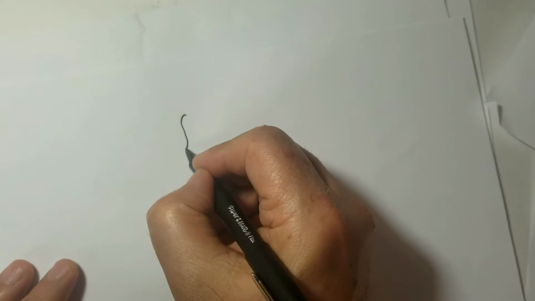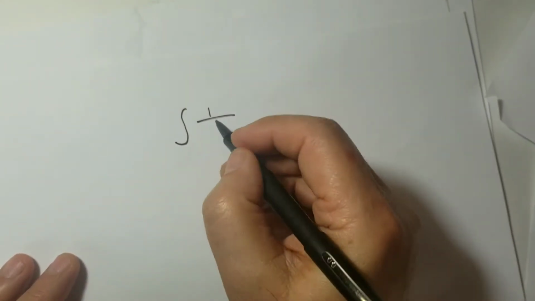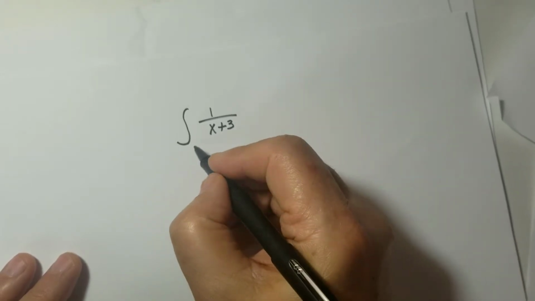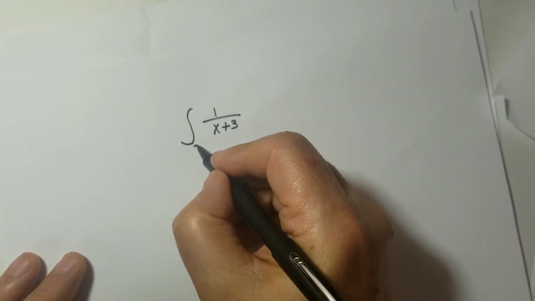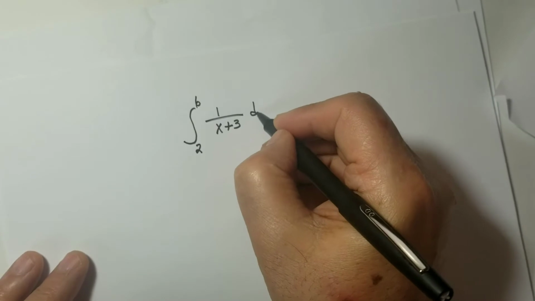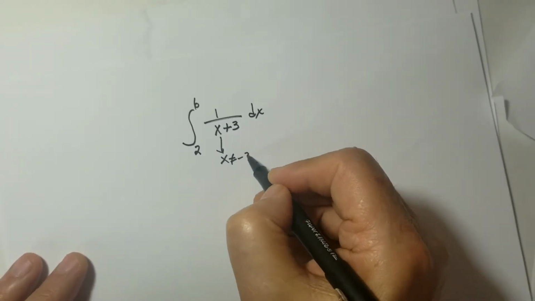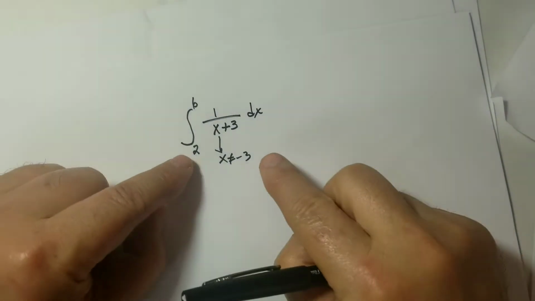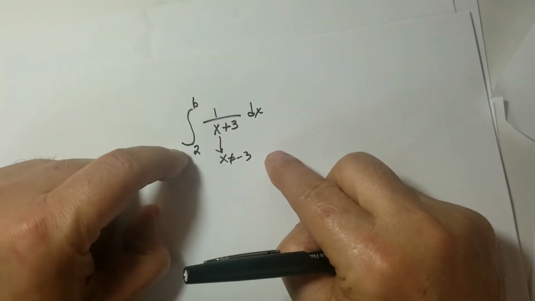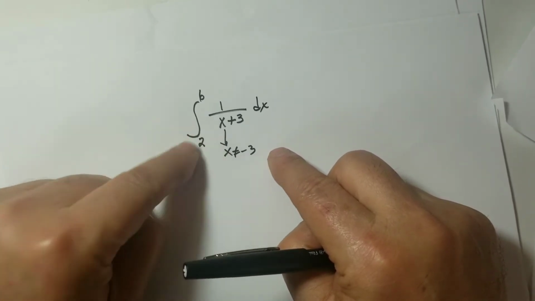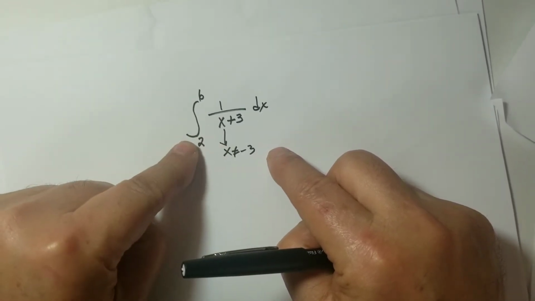But what happens if I go back right here and say this one is nothing except 1 over x plus 3, going from 2 to 6? Even though x cannot be negative 3, negative 3 is not between 2 and 6. That is still a proper definite integral.